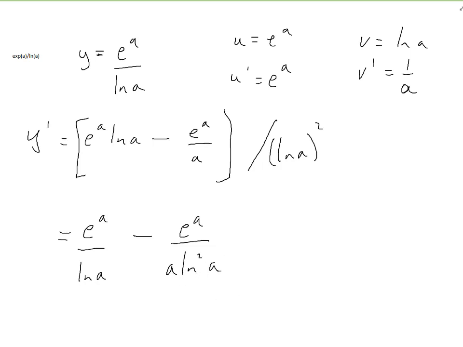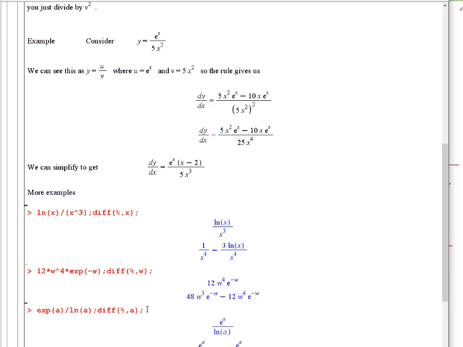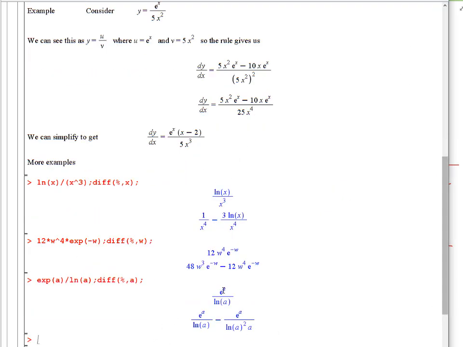And that part there means log a squared. That's just a short way of writing this. So that's the final answer. Now let's see if Maple agrees. Minus. That's good.